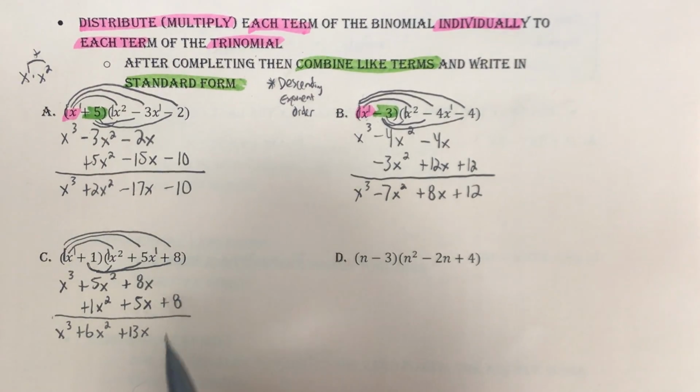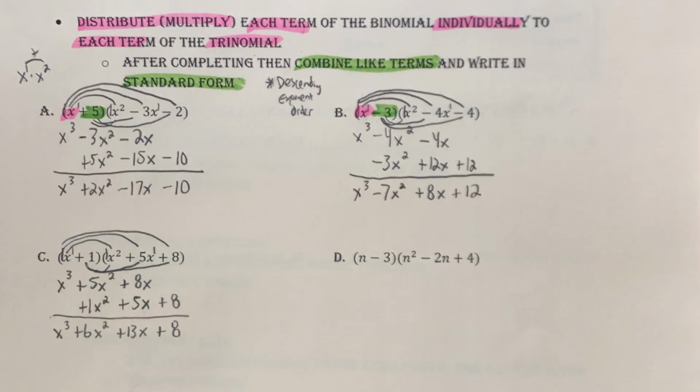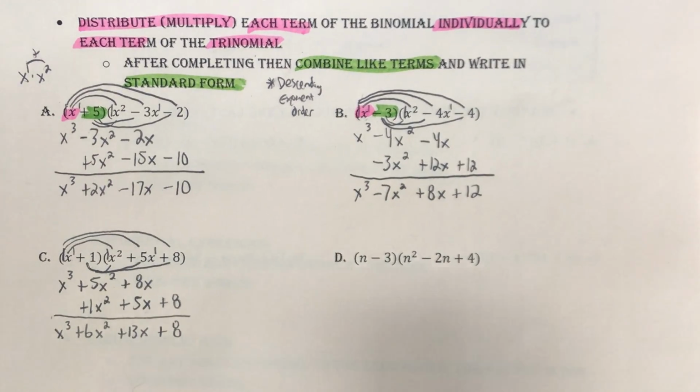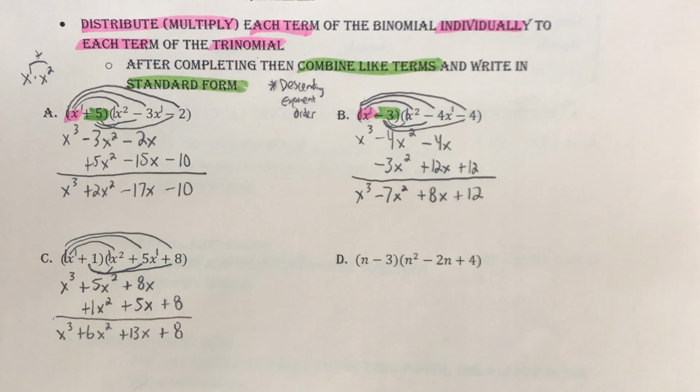And then the positive 8, nothing to combine it with, so bring it down as well. Is it in descending exponent order? Well, 3, 2, 1, constant at the end, so yes, it is. All right, I'd encourage you to try example D on your own, then check your answer with mine.